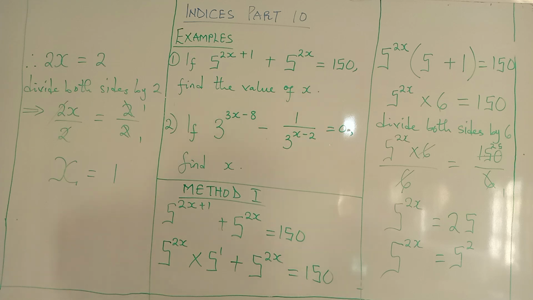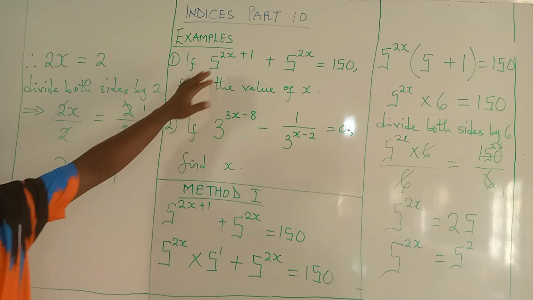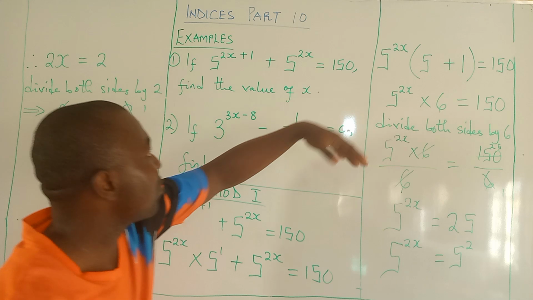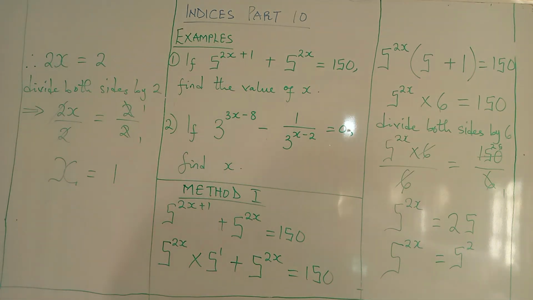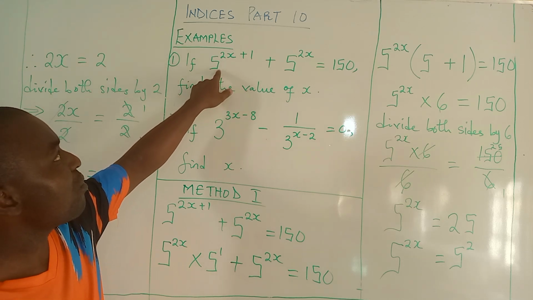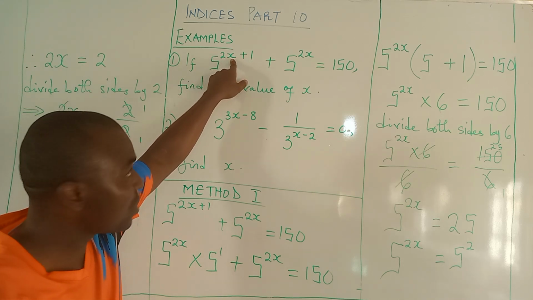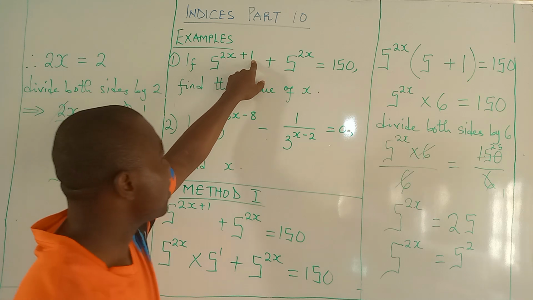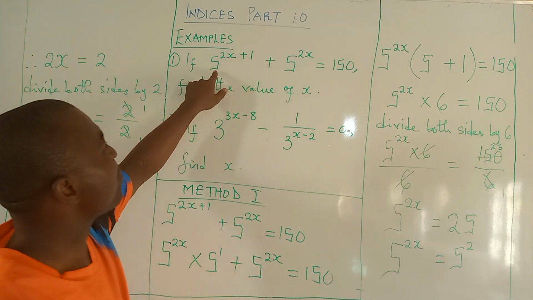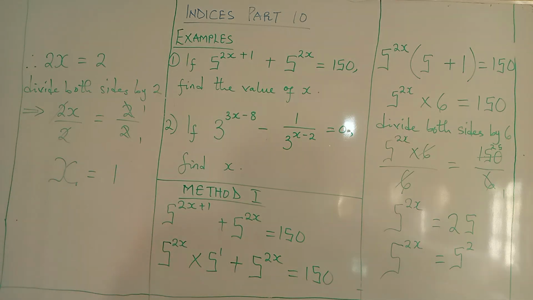And how do we confirm it? If you carry the value of x as 1, put it in this expression, it will give you the same thing as this. You can try it and see. If you carry the value of x, which is 1, put it in this place, this will be 5 raised to power 2 times 1, which is 2. 2 plus 1 is 3. So that will give you 5 raised to power 3, and 5 raised to power 3 is 125.